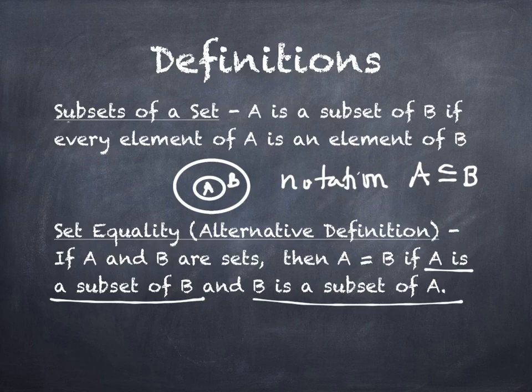And we read that A is a subset of B. Another phrase that you'll sometimes hear me say, because it means the same thing, is A is contained in B. And from a picture point of view, does that make sense? Okay, so A is contained in B. And what it actually means is every element in A is an element in B.